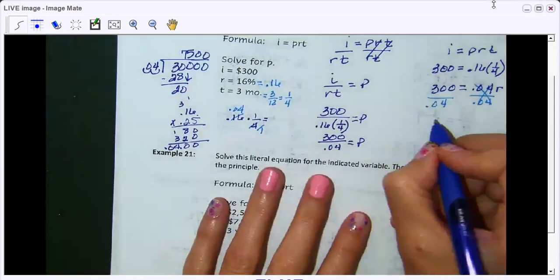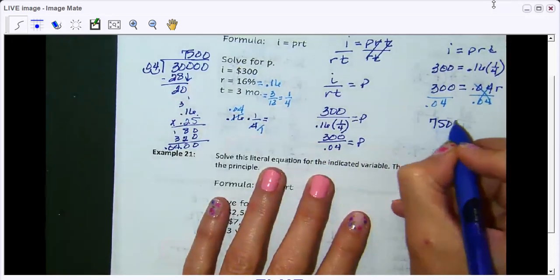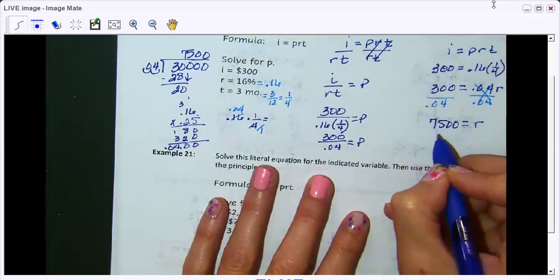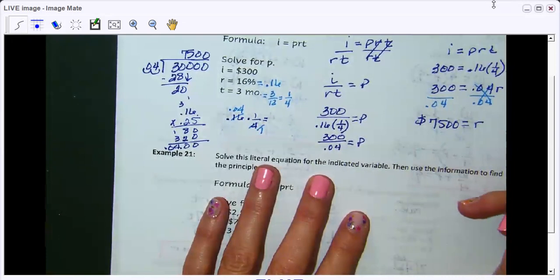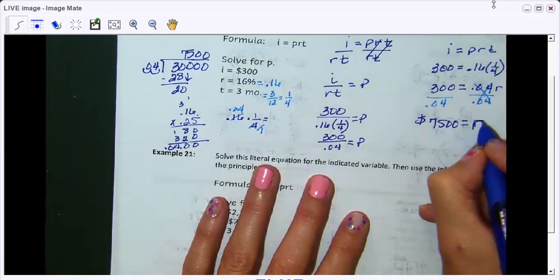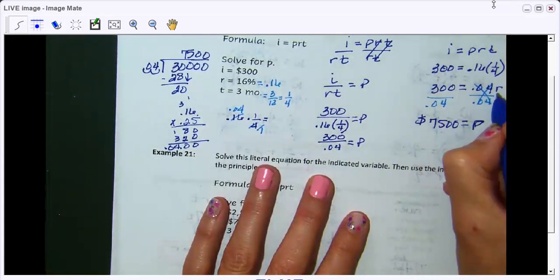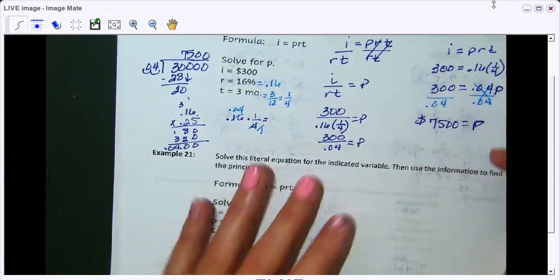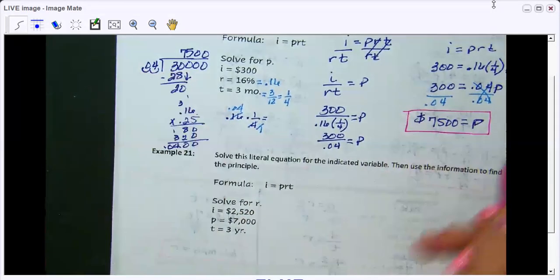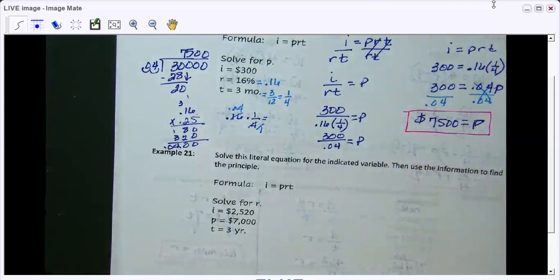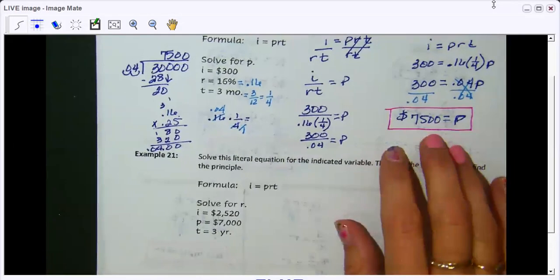So your answer would be 7,500 equals P, and it's $7,500. Are you sure it's $7,500? Okay, no, it's 7,500. So 7,500 is the correct way.